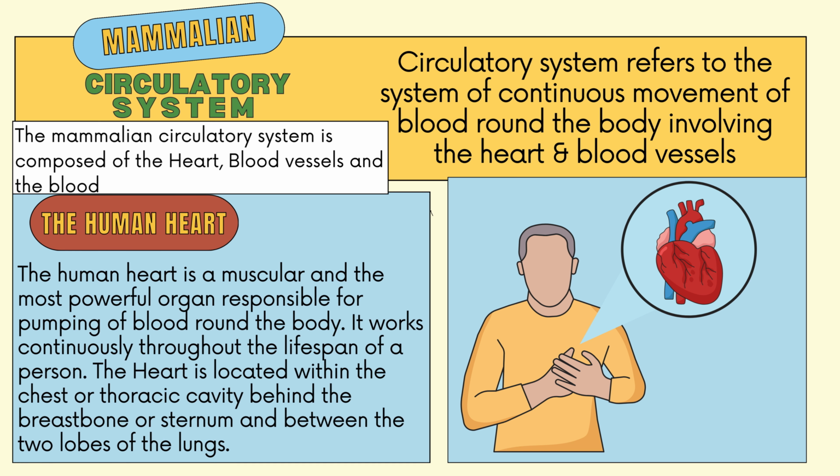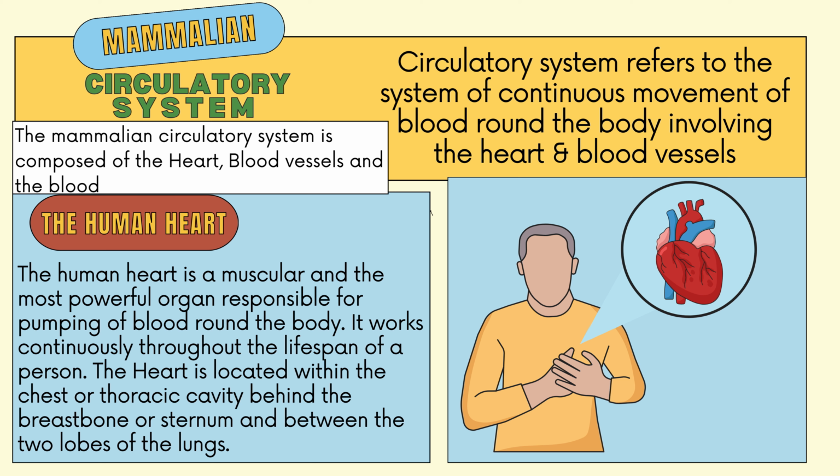The human heart is a muscular and the most powerful organ of the body, which is responsible for the pumping of blood around the body. It will interest you to know that the heart works continuously throughout the lifespan of an individual.